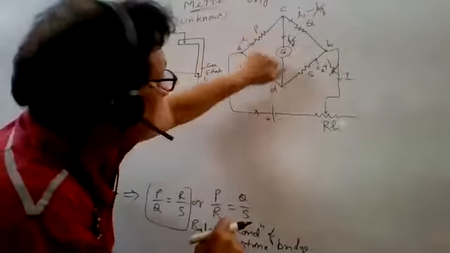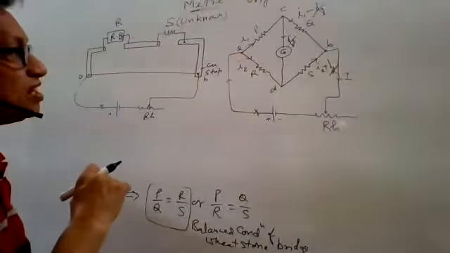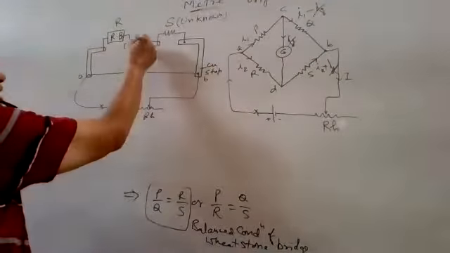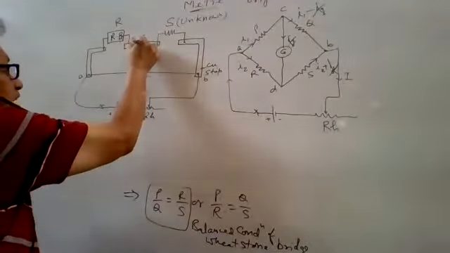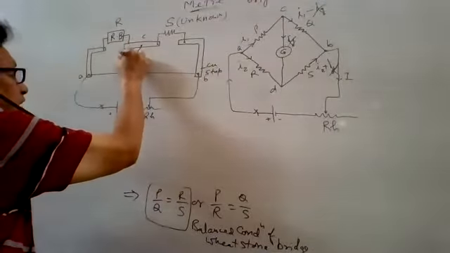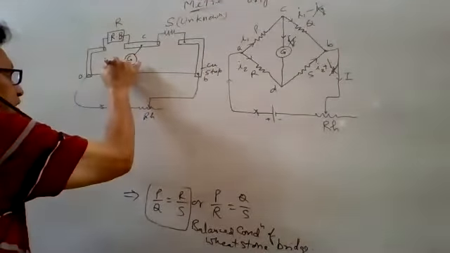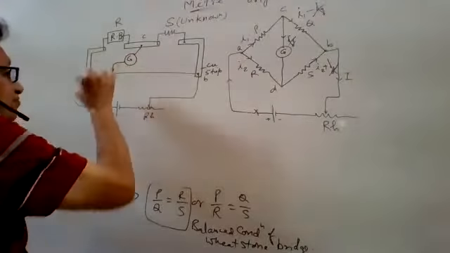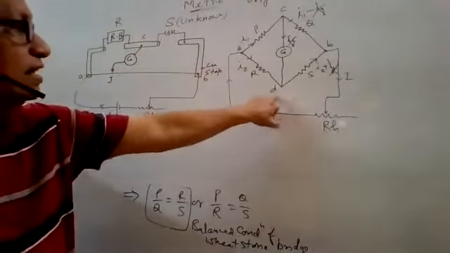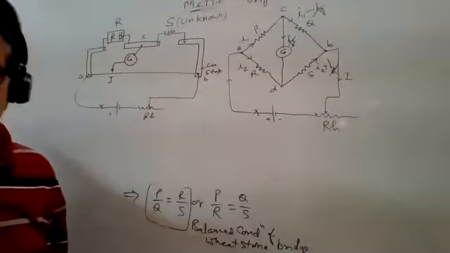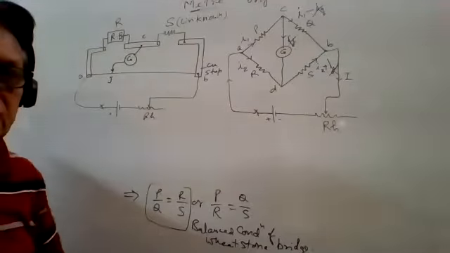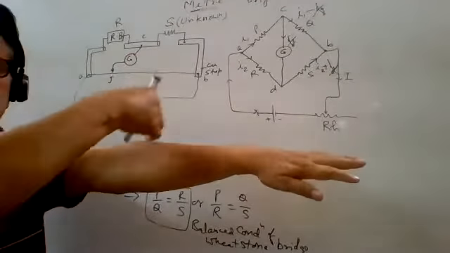Here, across these two points C and D, we connect this sensitive galvanometer, and this is the variable point, called J, other than D. J is called the jockey, which is a sliding contact that can slide along this wire.